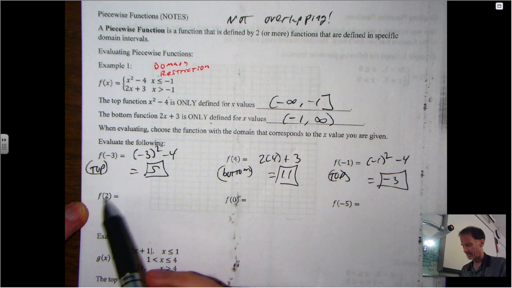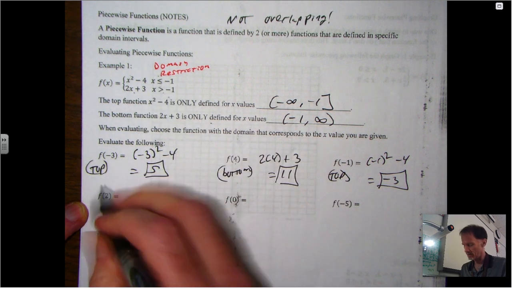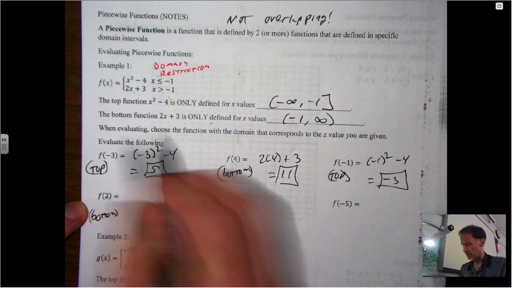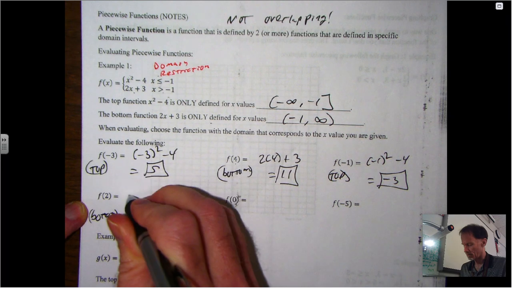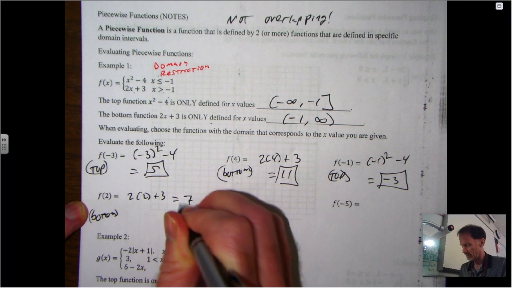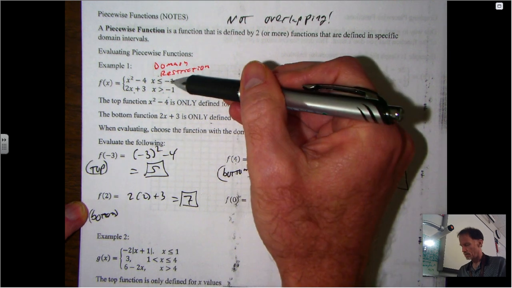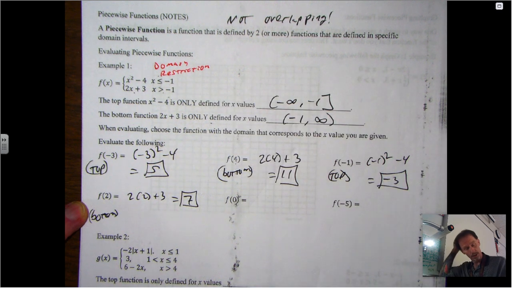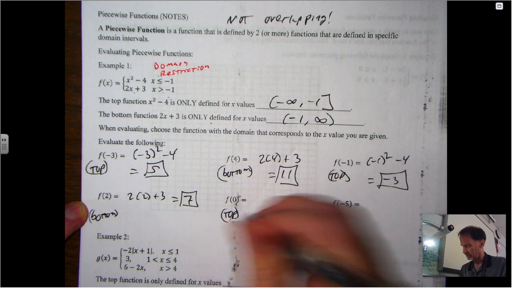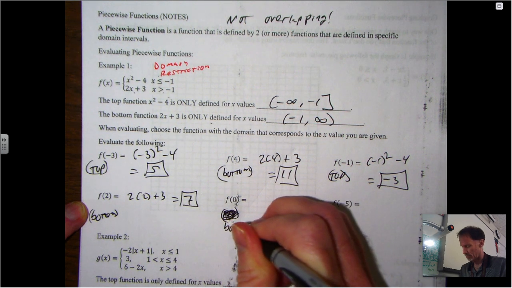Again, if x is 2, which one does it fall into? That's going to fall into the bottom equation. So 2 times 2 plus 3 is equal to 7. f at 0 falls into the bottom equation, since 0 is greater than -1. Sorry, I said bottom but wrote top.